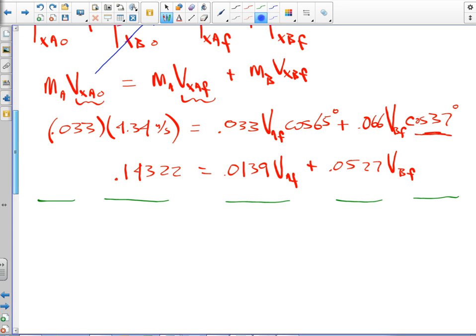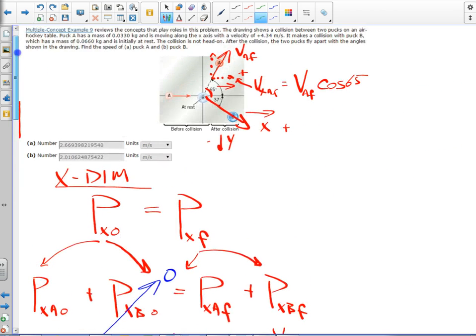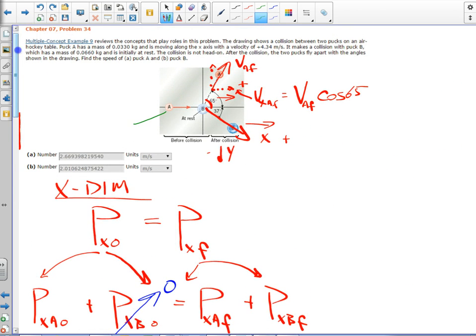Now, what do you notice in the y dimension? Well, in the beginning, A doesn't have any momentum that is up or down. All of its velocity is horizontal, so its beginning y momentum is 0. And of course, B's is 0 too because it's just stationary.